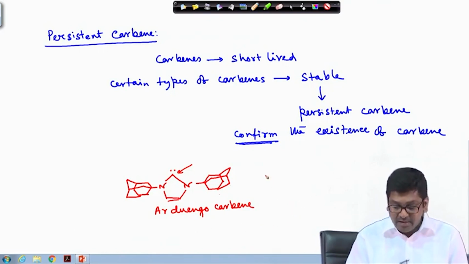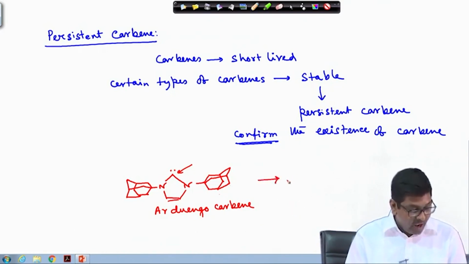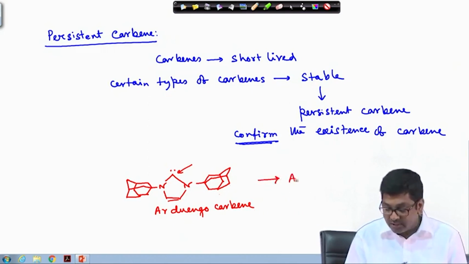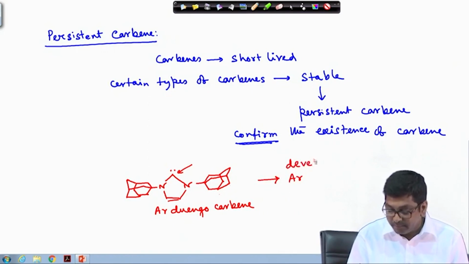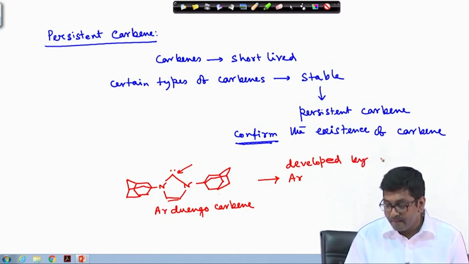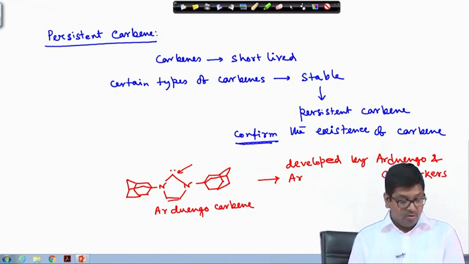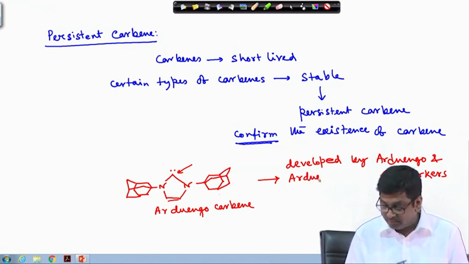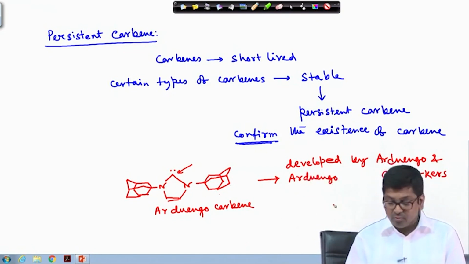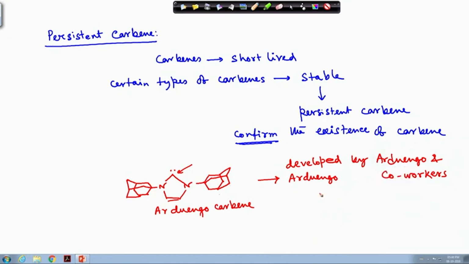This particular carbene was developed by Arduengo and co-workers, and that is why it is called Arduengo carbene, developed in 1991.